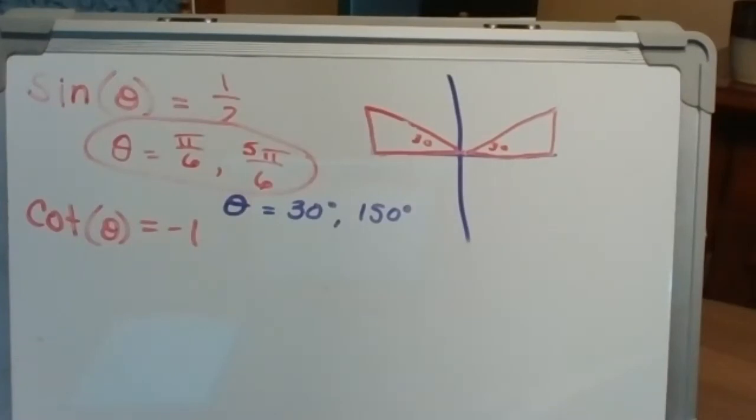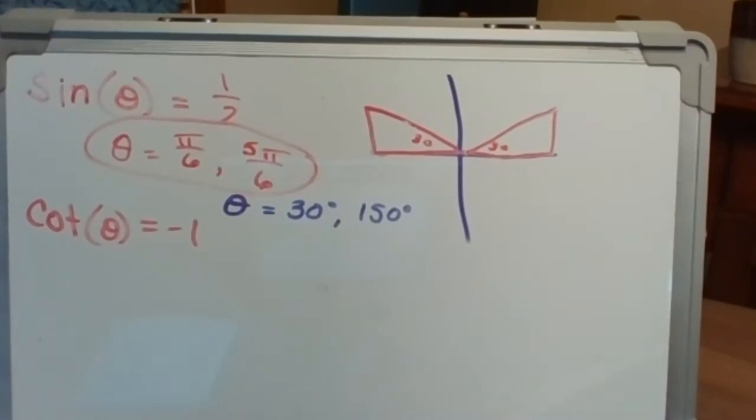All right, cotangent is equal to -1. I'm always excited when I see a tangent or a cotangent value of 1 because they're both y over x or x over y. Well, if it's simplifying to 1, that means that the x and the y value have to be the same number. So which of my triangles has the x and the y value the same number?